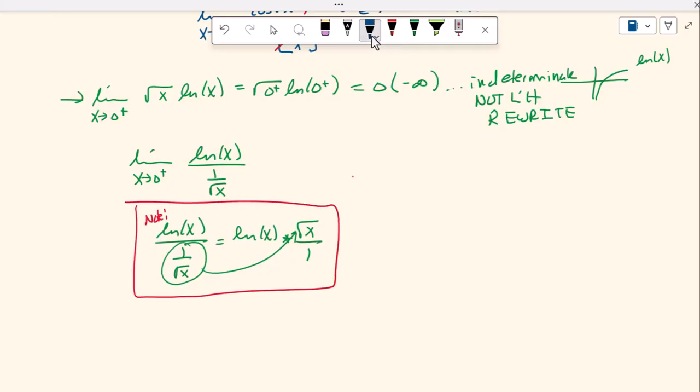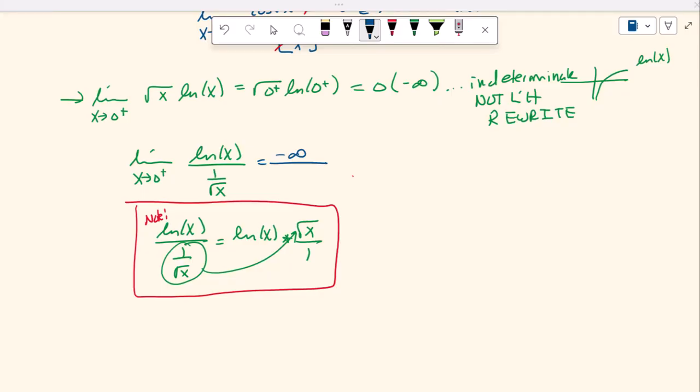Okay, so let's go ahead and take that limit now. The limit as x approaches 0 from the right of the natural log we know is negative infinity. And then let's look at the limit as x approaches 0 from the right of 1 over the square root of x. Now let's think about what that graph would look like.